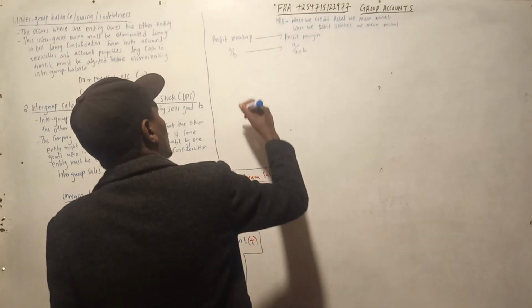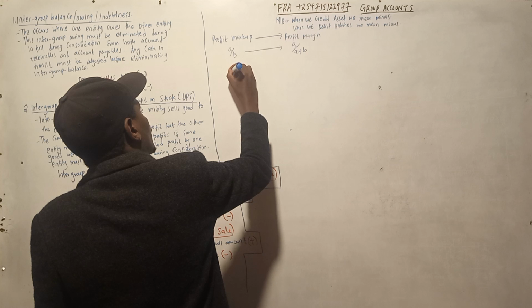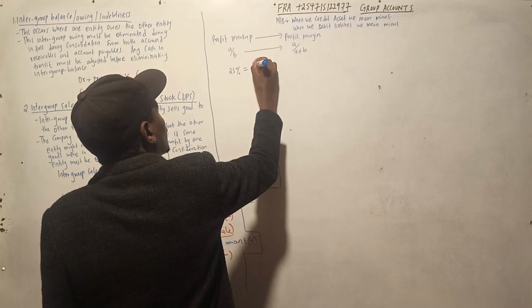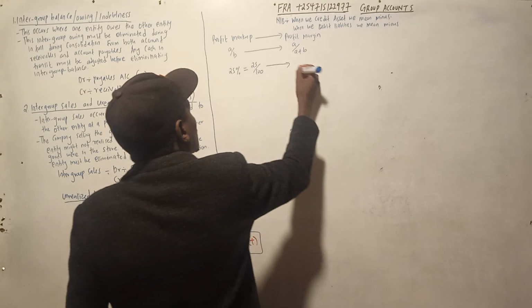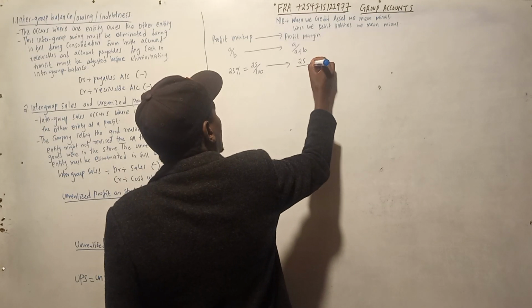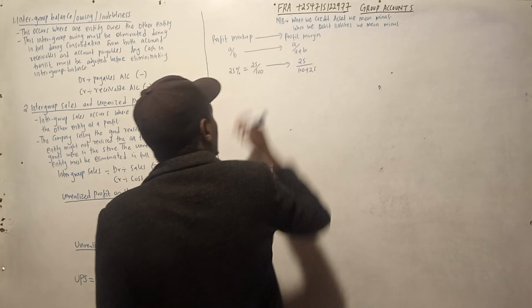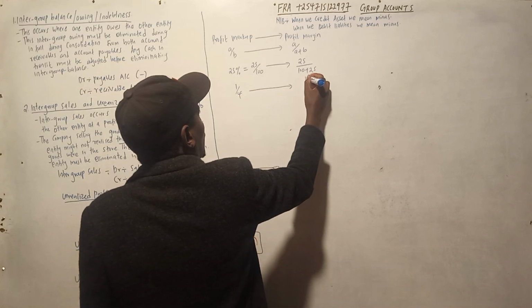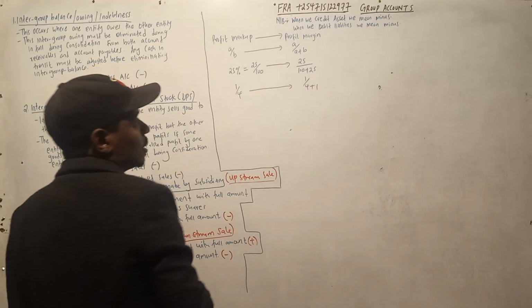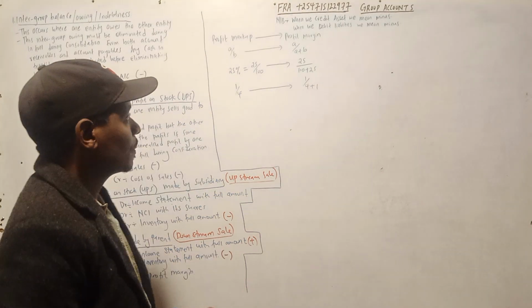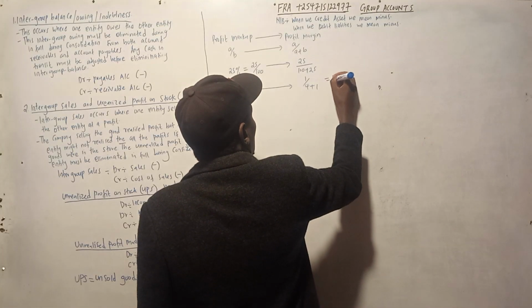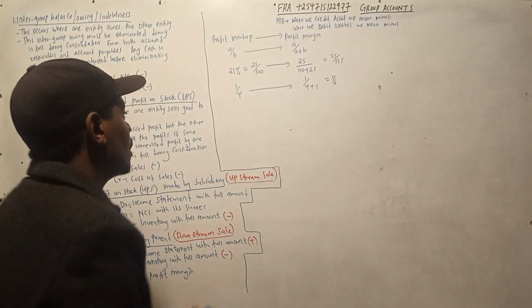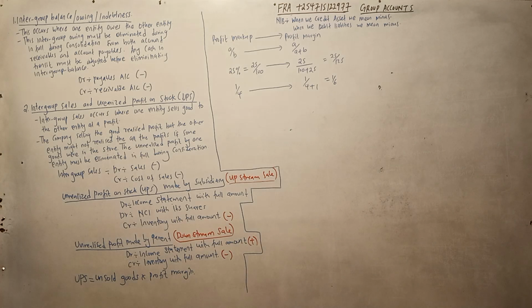For example, 25% means 25 over 100, so the margin is 25 over 100 plus 25, which is 25 over 125. If it is 1 over 4, it will be 1 over 4 plus 1, so the margin is 1 over 5. That's how you get the profit margin if you have the markup.